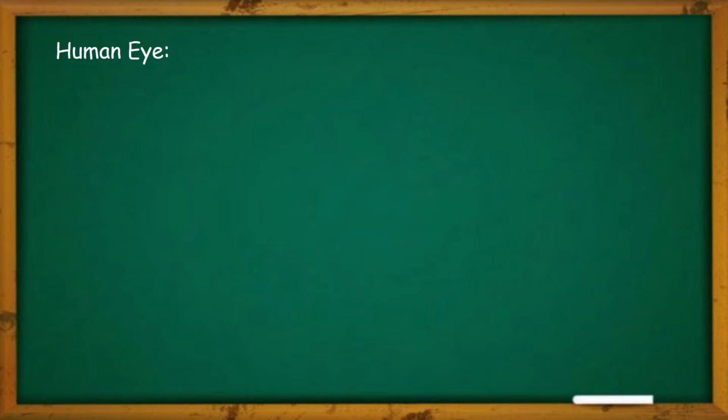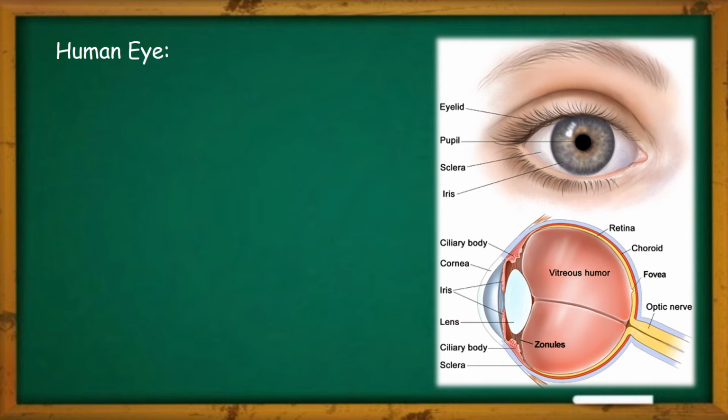Now let us know about the human eye. As you can see in the diagram, the outer part of the eye looks like the top of the picture. But if you see the inner construction of your human eye, it will be something different. Our human eye acts like a camera, which enables us to capture colorful pictures of our surroundings.